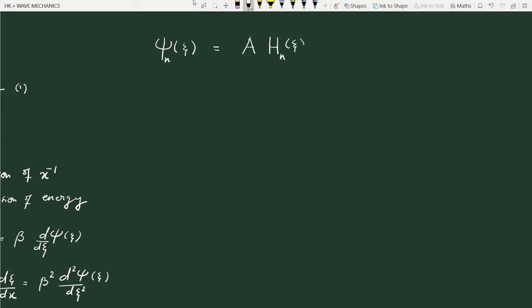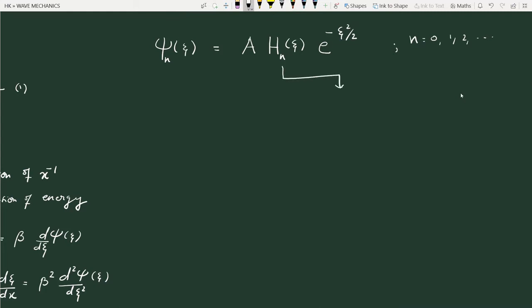This is the symbol for polynomials called Hermite polynomials. Then e raised to minus theta square by 2, an exponential factor, where n is equal to 0, 1, 2, etc. This is the structure of the wave functions of the harmonic oscillator: normalization constant A into H n theta, the Hermite polynomial, and an exponential term e raised to minus theta square by 2.